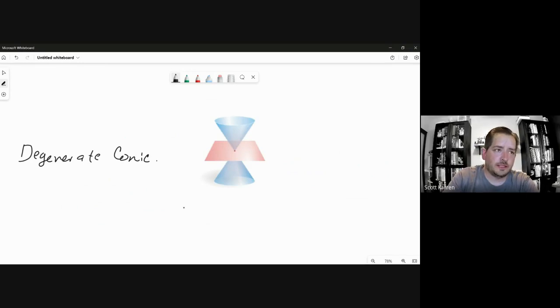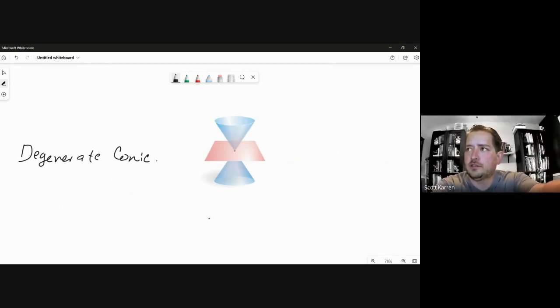So that's why it's a degenerate conic. It is a conic, but it's not really something we care about so much. But when we're dealing with these, your conic section can collapse into just a single point, right? So a single point is a degenerate conic.